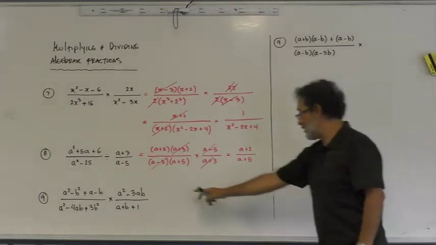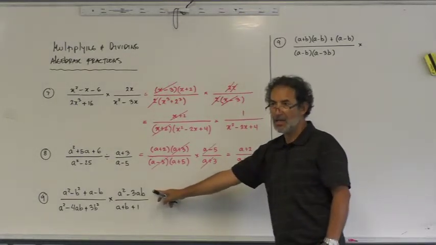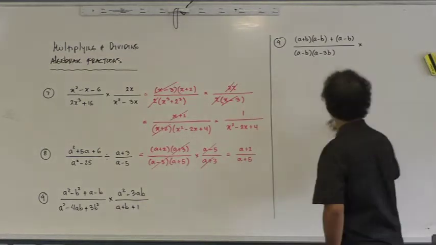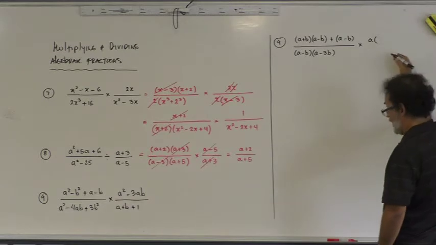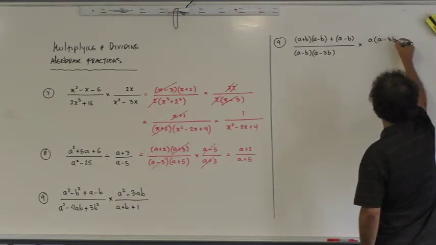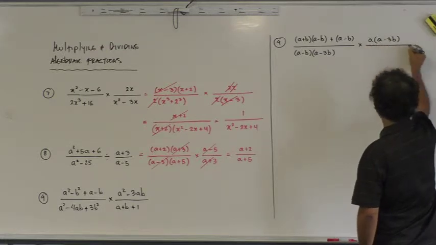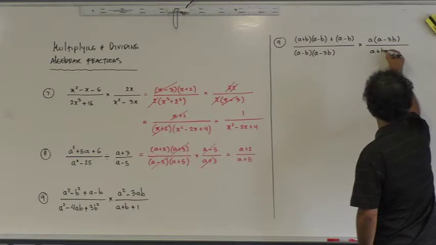And then, what about the top line for this one? What is the highest common factor for this? A. So we take the common factor A. And then, what is left? A minus 3b. What about the bottom line? So it's a plus b plus 1.